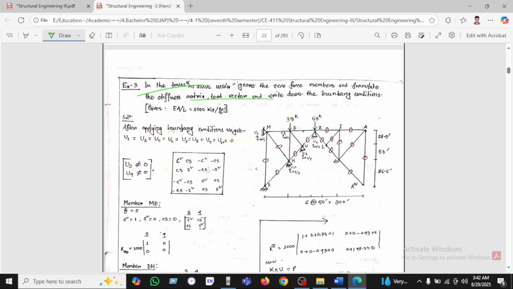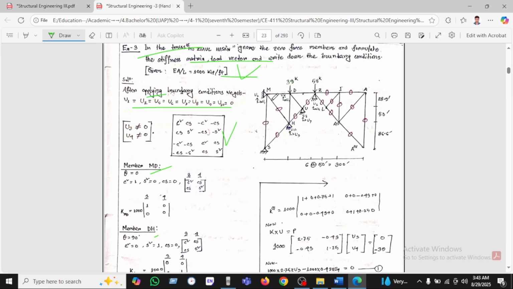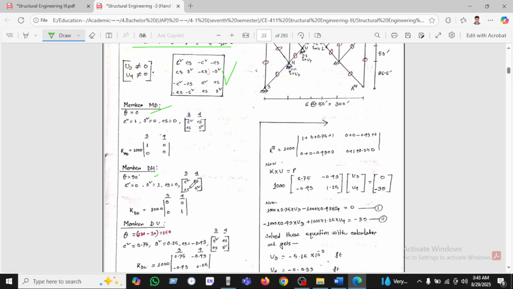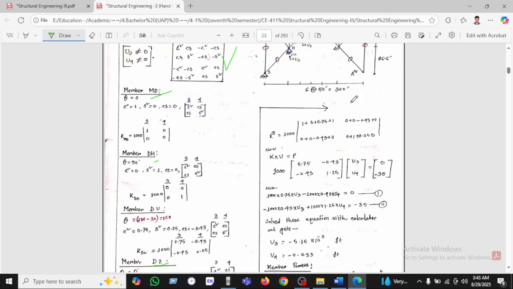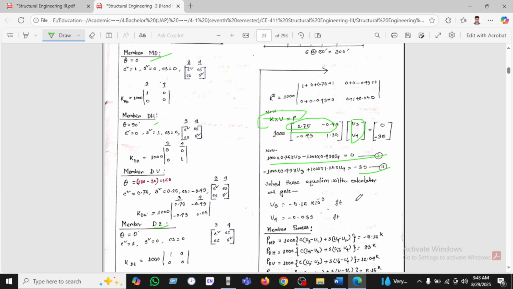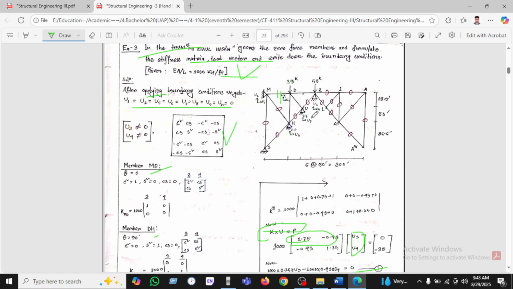And this is our example we have been seeing here, also applying boundary conditions for quick calculation. So this is our formula, and getting member MD, that means M and D. Similarly DZ, and after calculating all these members, then we form K into U equals P, putting these in rows and columns, then solving equation 1 and equation 2, and finding the displacements U3 and U4.